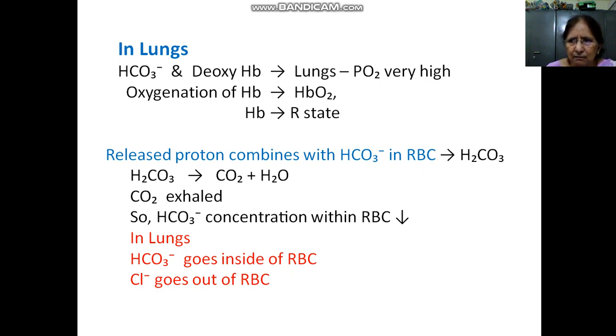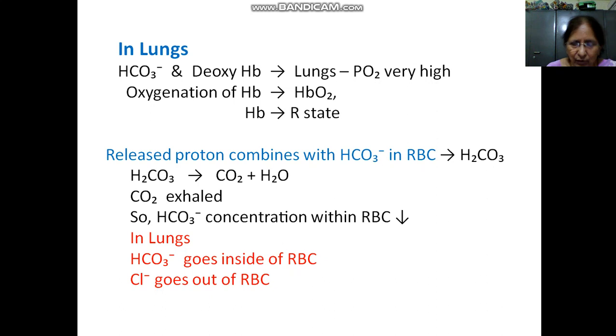This bicarbonate is converted to carbonic acid with the help of H ion, and then it is degraded to carbon dioxide and H2O, and this CO2 is exhaled through the lung. Now what happens? The bicarbonate concentration in the RBC goes down.